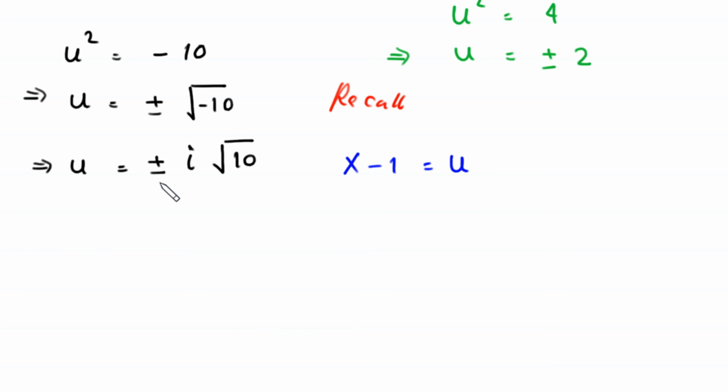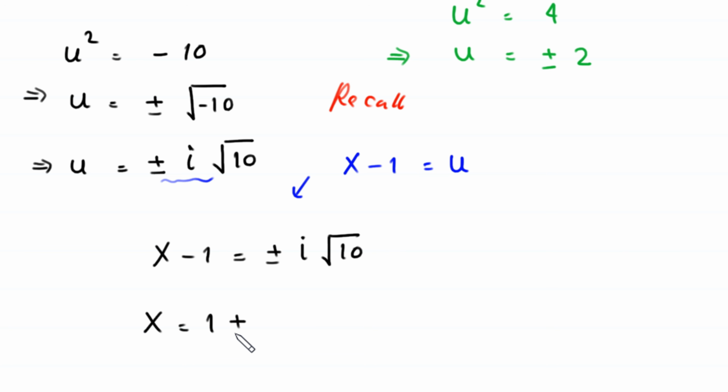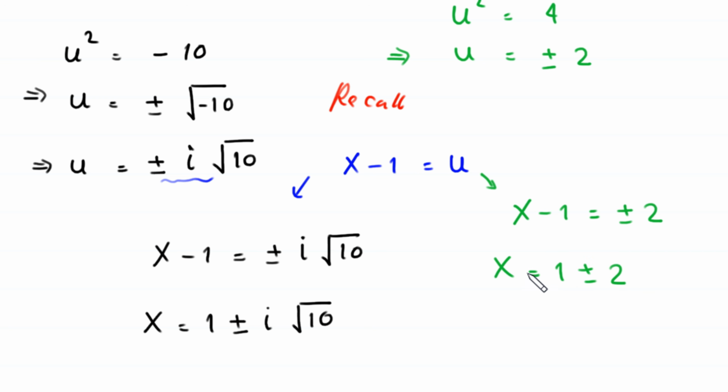When u is plus or minus i times root 10, then x - 1 is equal to plus or minus i times root 10. Move this negative 1 to the right hand side, and x is equal to 1 plus or minus i times root 10. And when u is plus or minus 2, then x - 1 equals plus or minus 2. Move this negative 1 to the right hand side, and x is equal to 1 plus or minus 2. And from here we get two values of x.